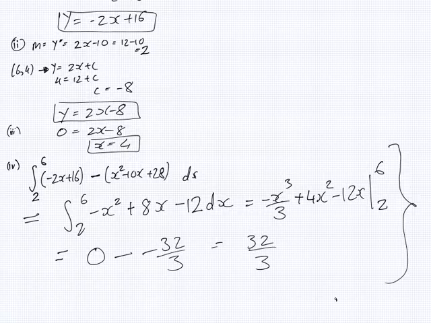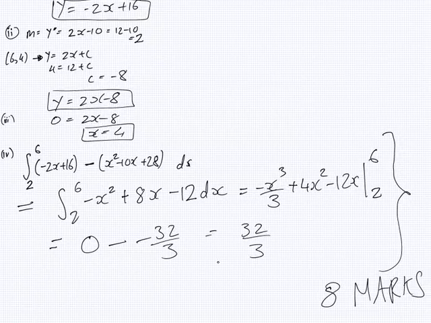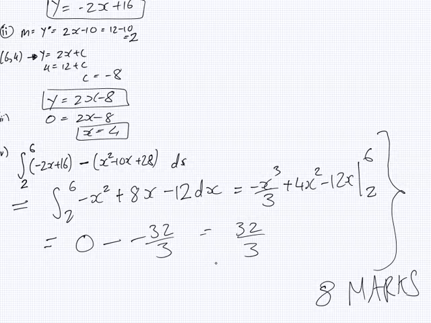This is quite good for 8 marks. Guys, this is really good for 8 marks. All of that there, these 3 lines. Listen, I'm saying this is really good for 8 marks. There's only 3 lines and it's 8 marks.